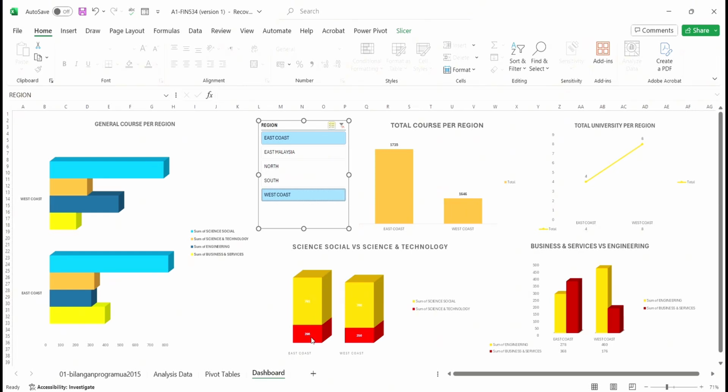So East Coast is slightly higher in both. Lastly, in business and services versus engineering, East Coast has 368 and 278, but in West Coast engineering dominates with 460 and 176. Now let's change the slicer selection to compare North and South.